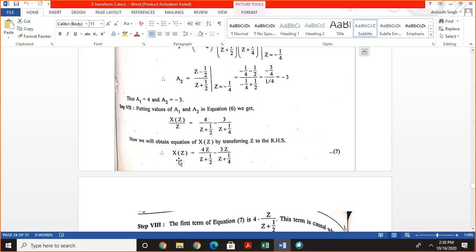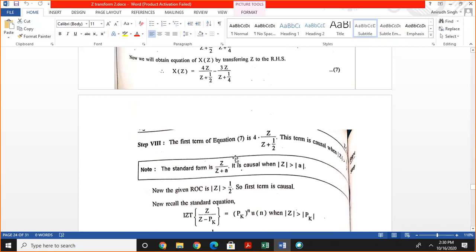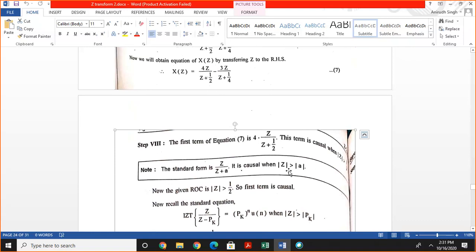Value of A2 is minus 3, and if we put the values of A1 and A2, we get X of z divided by z is equal to 4 divided by z plus half minus 3 by z plus 1 by 4. And after getting this expression, we calculate the value of X of z.